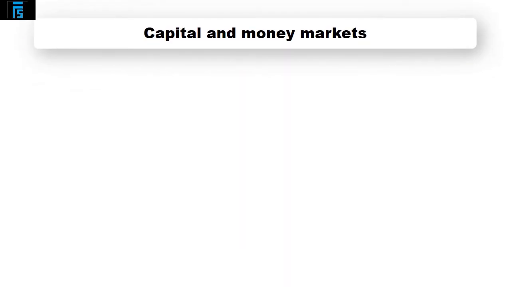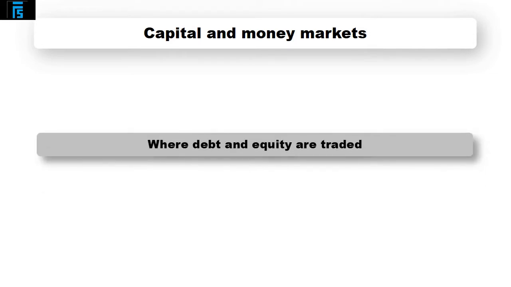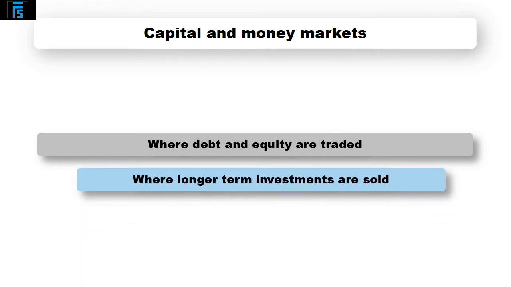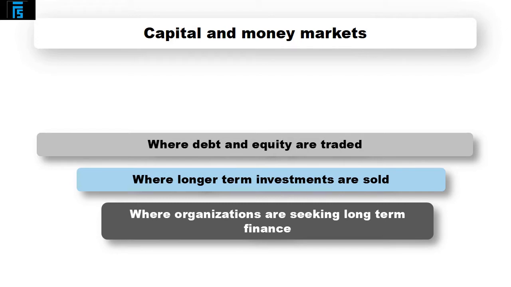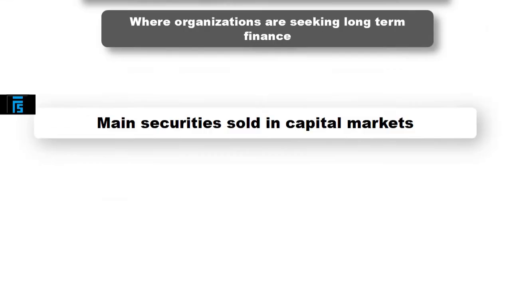Capital and money markets. So what are capital markets? They are where debt and equity are traded. They are markets where longer-term investments are sold. The organizations who seek finance from these markets are seeking long-term finance.